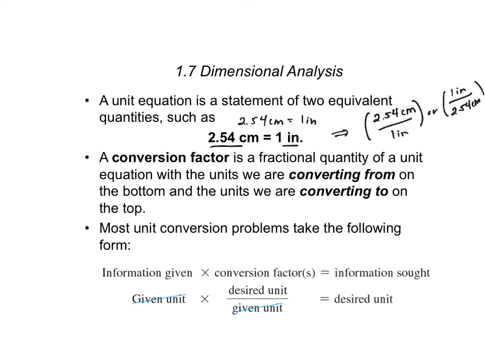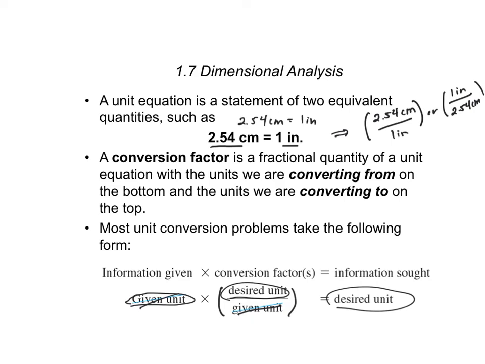So we're taking a unit equation and we're converting it to a conversion factor, okay? And so then in dimensional analysis, what we'll usually do is we will have our given unit, which is what you're given, and when you put in your conversion factor, you want to do so in a way that the given unit is on bottom, so it cancels the given unit, and the desired unit is on top, so that you end up with the desired unit, okay?